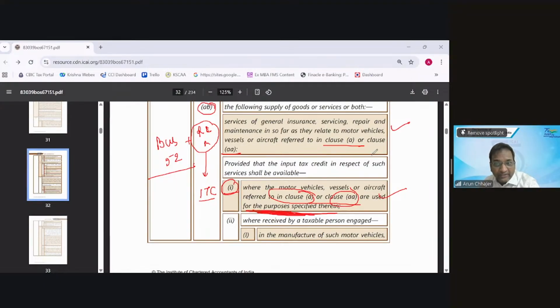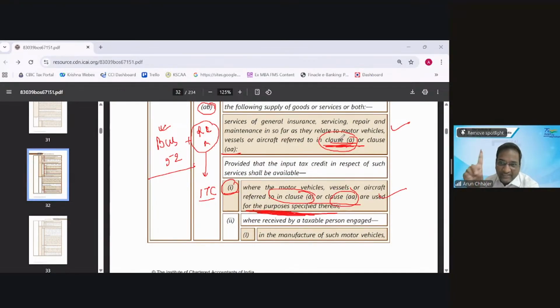Is that motor vehicle in my question, the 52-seater bus, covered in clause A? My motor vehicle, my example of the bus, whether it is covered in clause A?